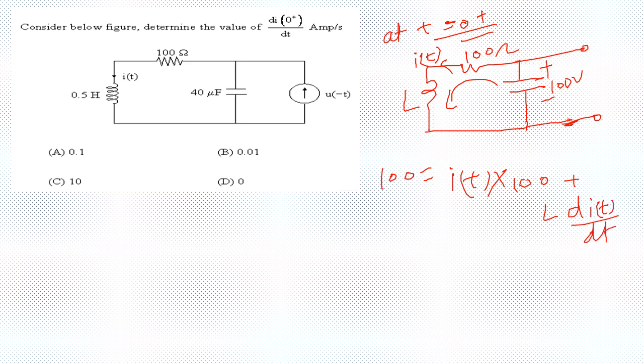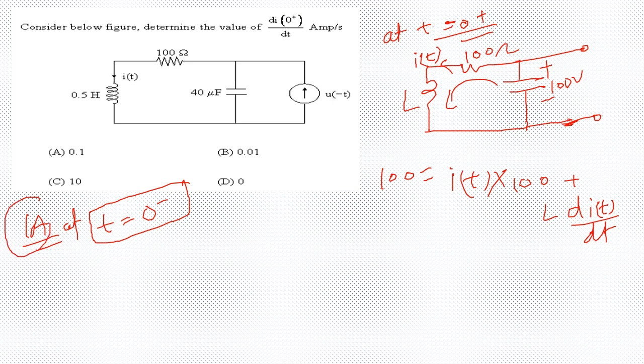Now, the current which was flowing in the inductor just before the current source magnitude went to 0, at t equals 0 minus, was 1 amp.